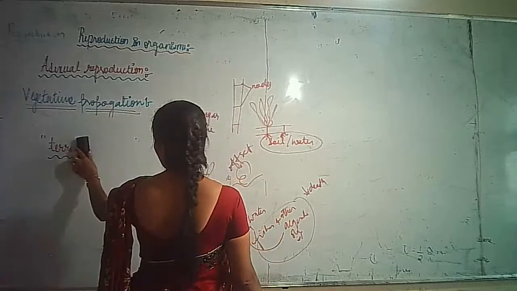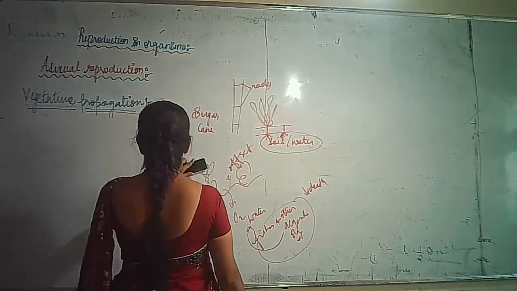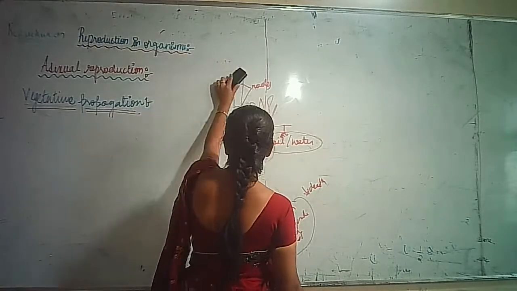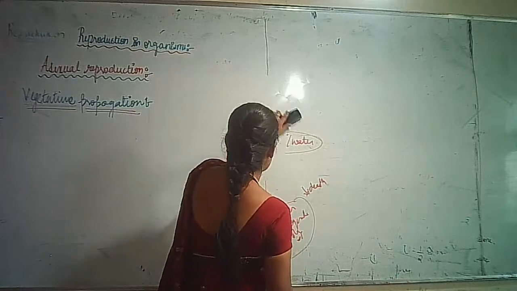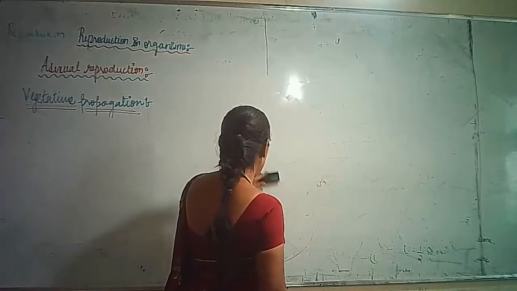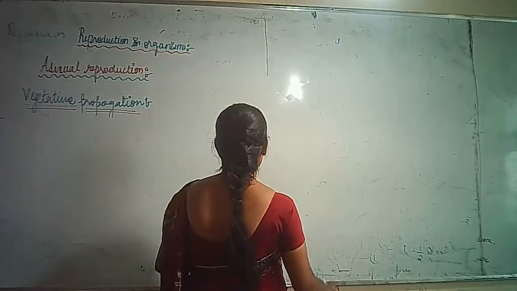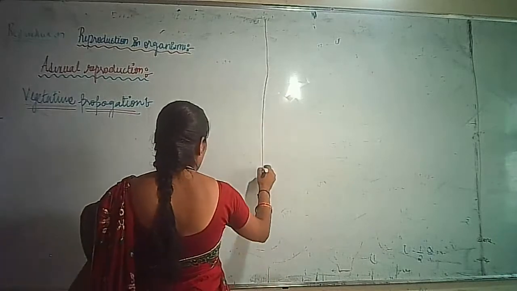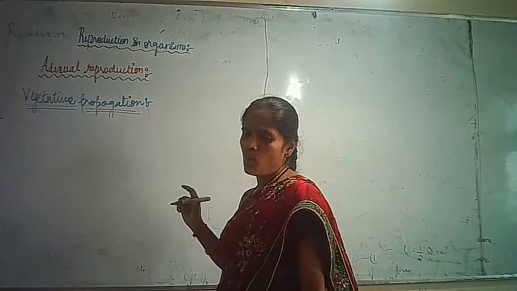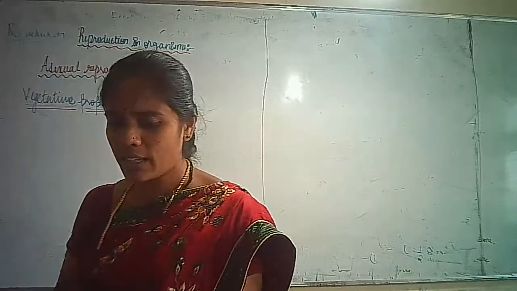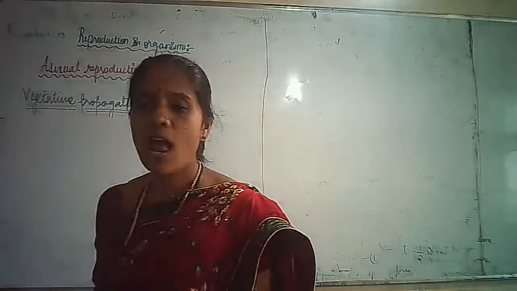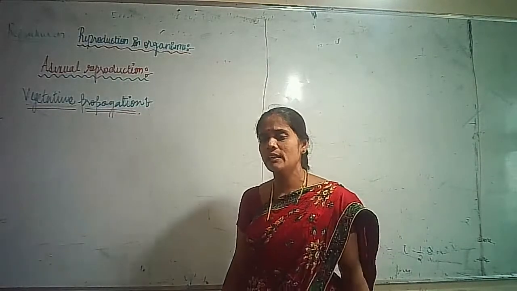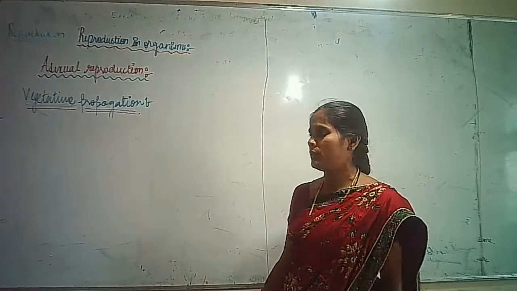It is very important. You should keep in mind the name of the organism, the name of the plant, and how it reproduces through vegetative propagation. That is very important for 1 mark, 2 mark, 3 mark questions in the board theory exam, and questions related to NEET and CET will be asked.